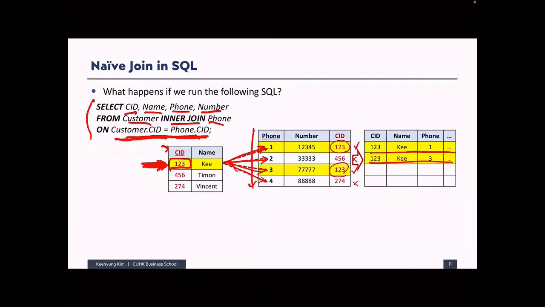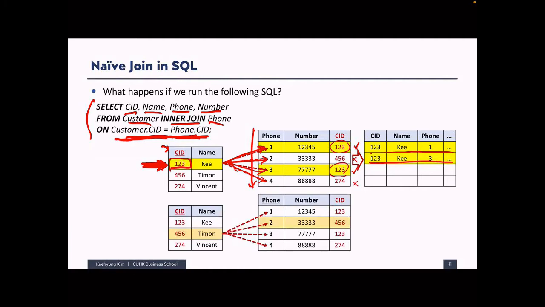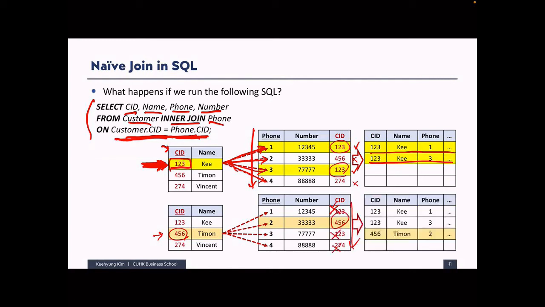And for the second customer, it will do the same thing. It will try to see whether the CID is 4, 5, 6 in the phone number table. So it will look at this, it's not a match, here is a match, not a match, not a match. And then it will include this as a result in the SQL query, like this. And when everything is performed and finished, this result will be returned back to you.